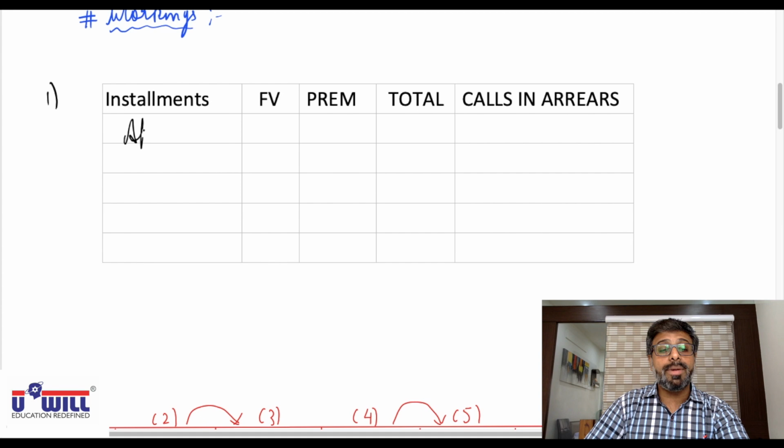So 4 installments: application, allotment, first call, final call.